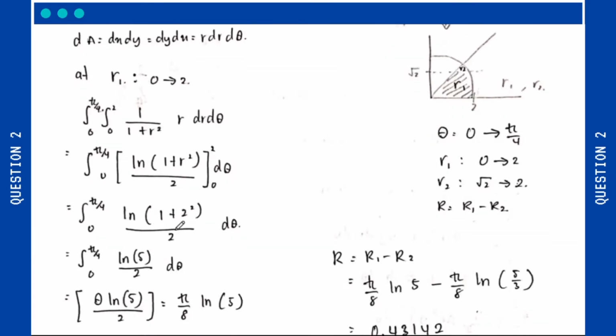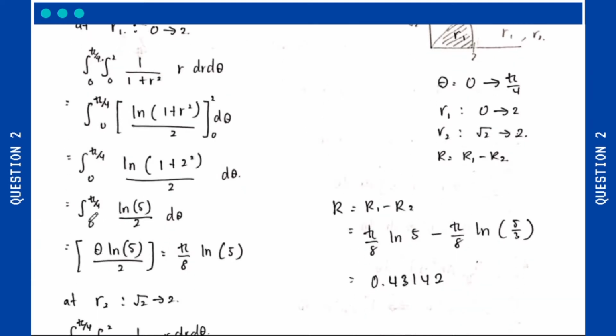Then we put the limit in the equation. Then we got this, and we write this with respect to theta. Theta ln 5 over 2 is equal to pi over 8 ln 5. This one is the answer for R1.